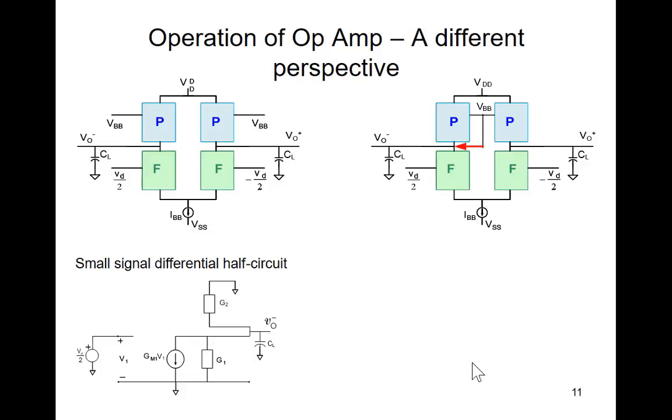So let's consider now a different way to bias that counterpart circuit. Instead of biasing the counterpart circuit with a DC voltage VBB, I'm showing it on both sides, but it's a single voltage. What if I bias this counterpart circuit by connecting the input to the output node on the left?